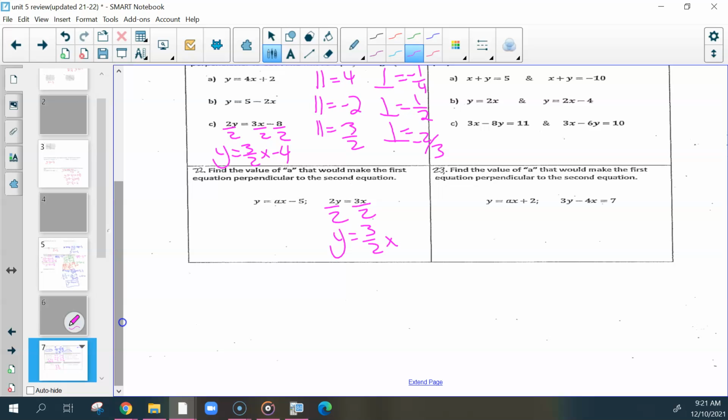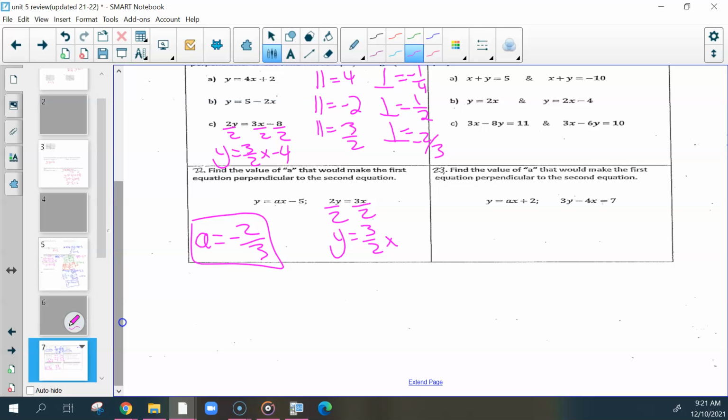And then after we solve the second, look at the slope and answer what slope would be perpendicular to this one. -2/3. And that would be what A equals. So it looks probably more complex than it really is, but it's not that difficult.